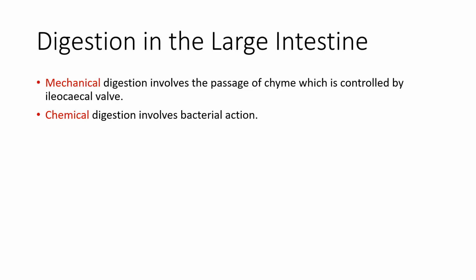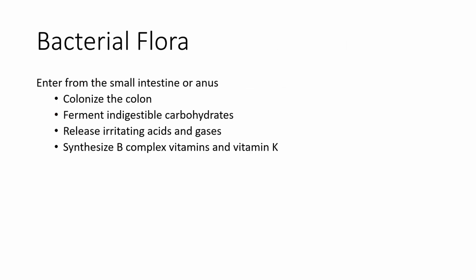Then we're going to undergo chemical digestion with the bacteria to get the vitamins that we want to make. We want to make vitamin K and some of the B vitamins, and that's going to be the last of the chemical digestion. Again, the B complex vitamins and vitamin K are what we're going to synthesize here.